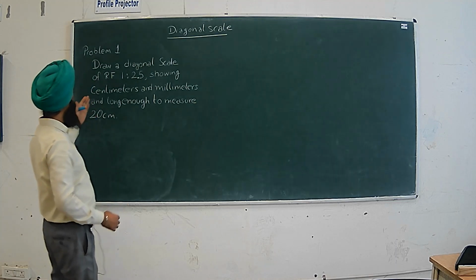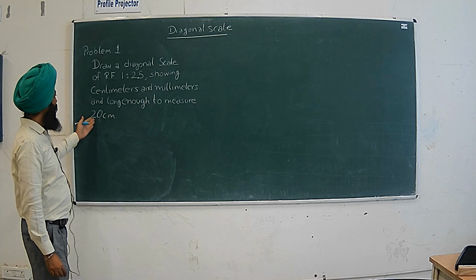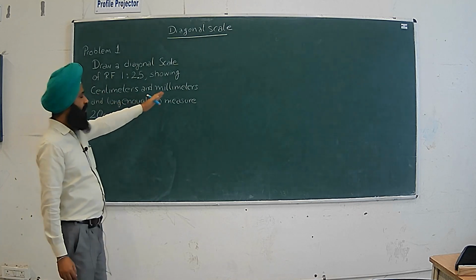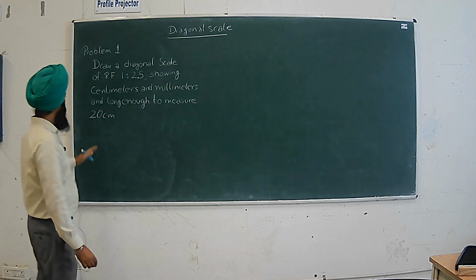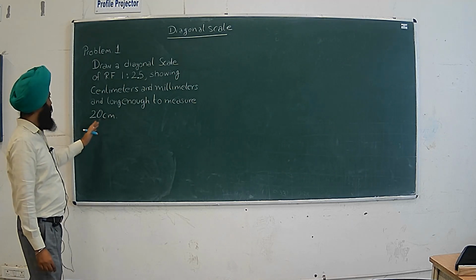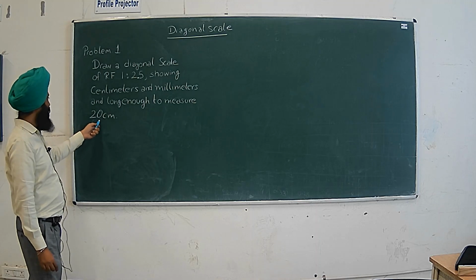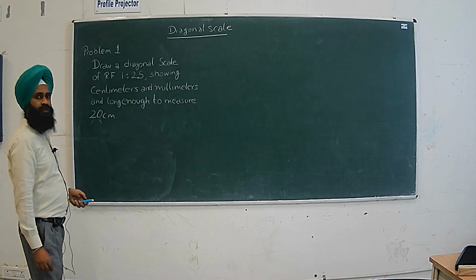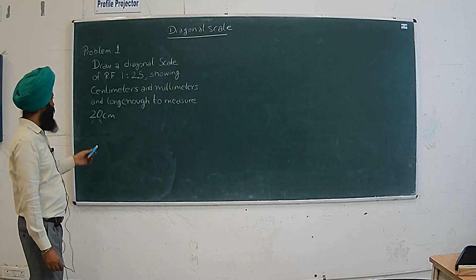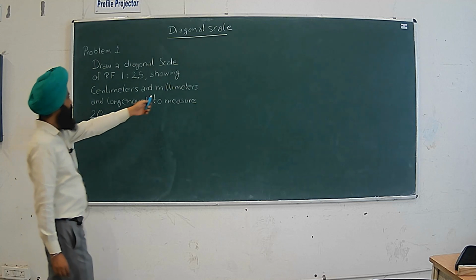So RF is given, maximum length to be measured is also given, and we are to show centimeters and millimeters. From maximum length it is clear that it is 20 centimeter. So the bigger unit is tens of centimeter and smaller is unit centimeter or 1 centimeter, and we are to show millimeters.